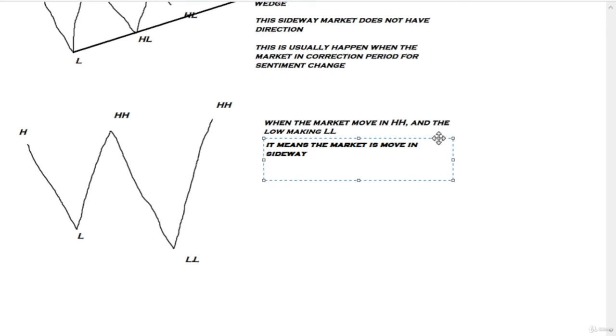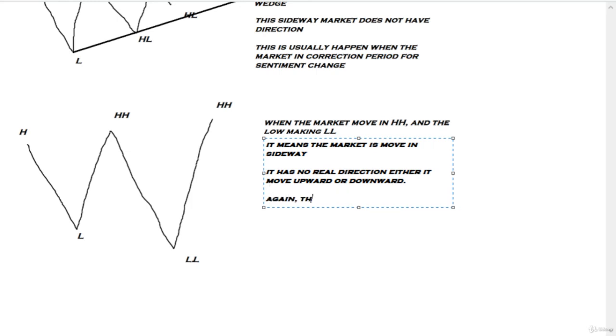When we talk about a sideway market, again, it has no real direction. It either moves upwards or downwards. Again, this usually happens in a correction period of the stock price.